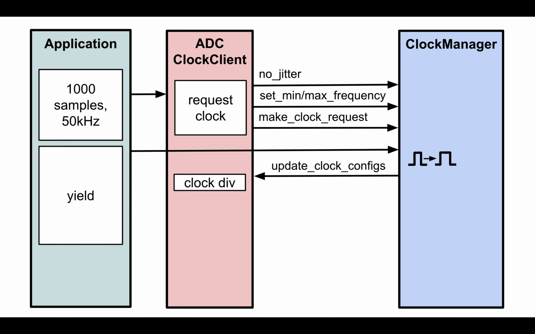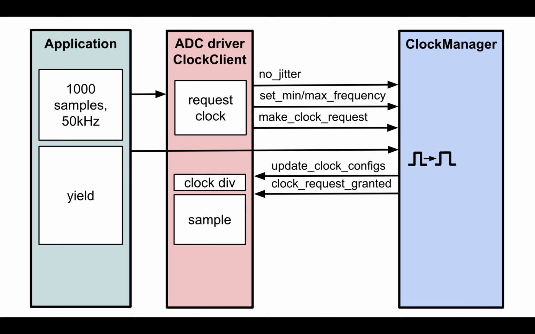The clock manager changes the clock once the application yields and then informs the ADC and other active clock clients that the clock has changed and they can update their clock-dependent values. It then informs the ADC ClockClient that the current clock meets its clock requirements, allowing the ADC to begin taking samples. Once the ADC has finished sampling, it releases its clock requirements and informs the application of its results.